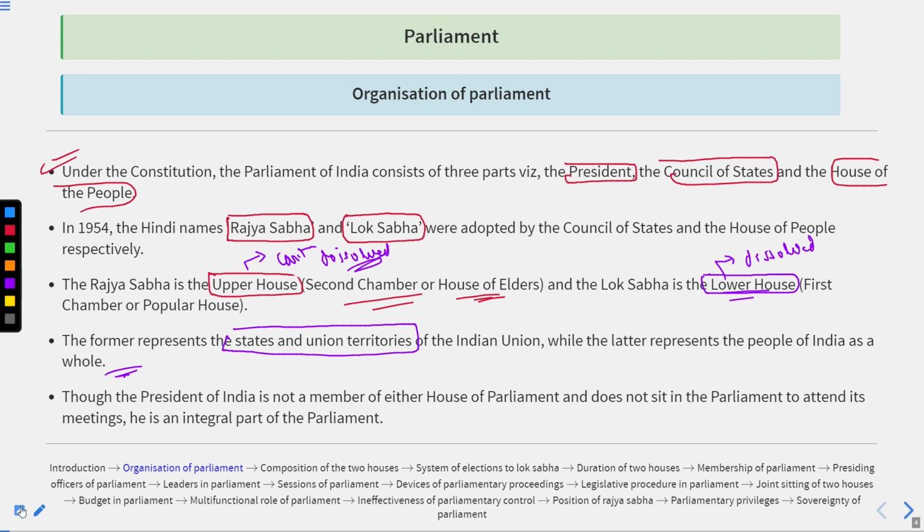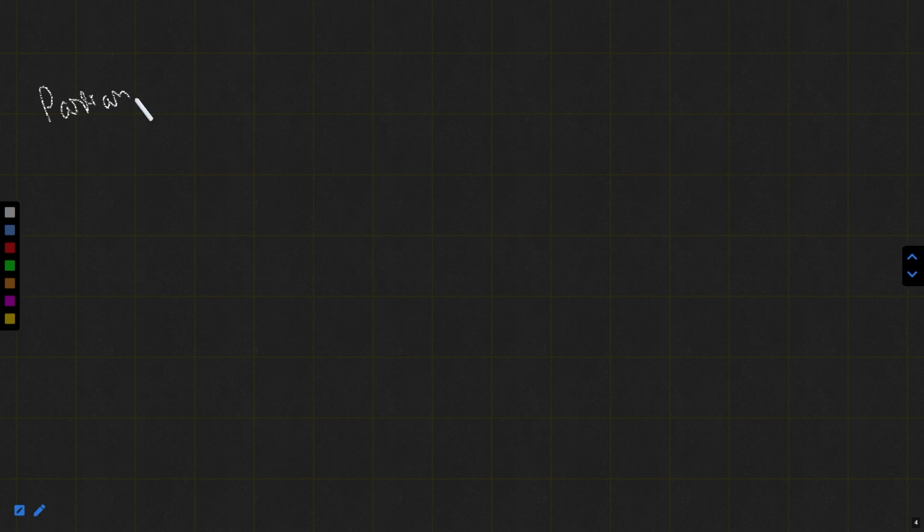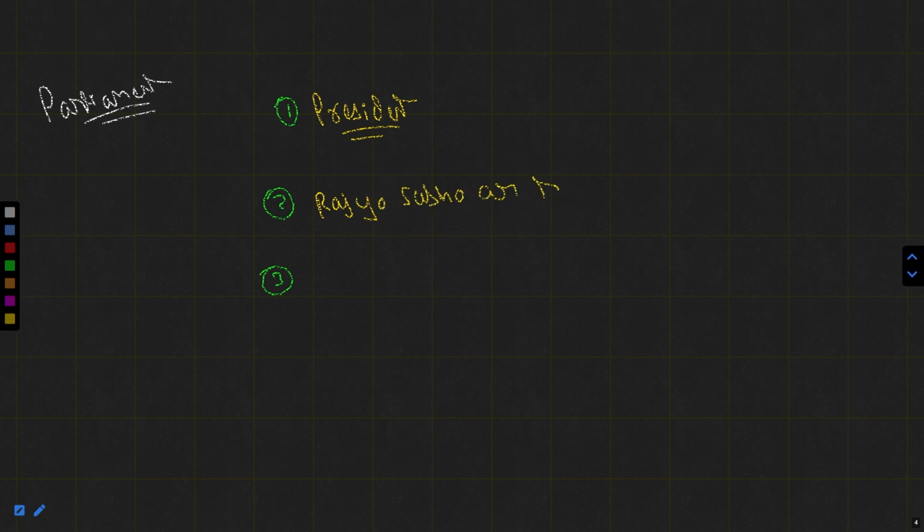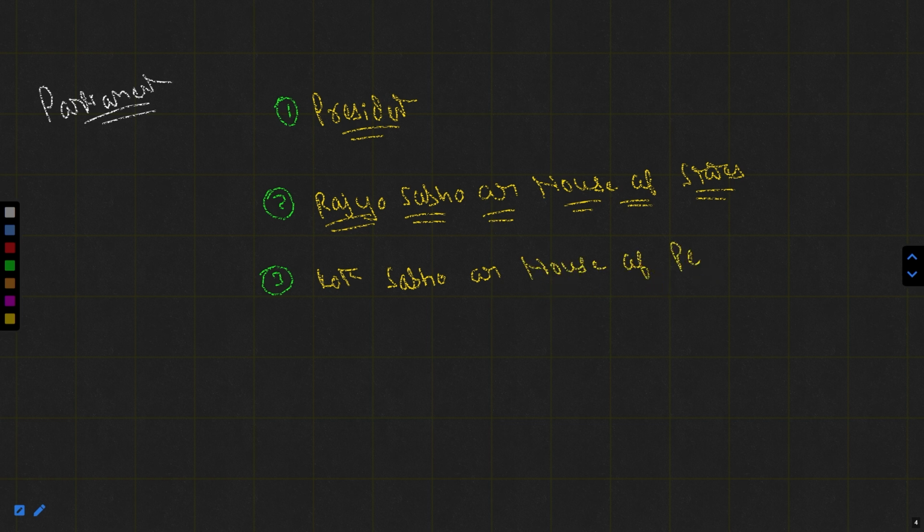So remember that there is a division of Parliament into three heads: the first head stands for the President of India, the second head stands for the Rajya Sabha or House of States, and the third head represents the Lok Sabha or House of the People.